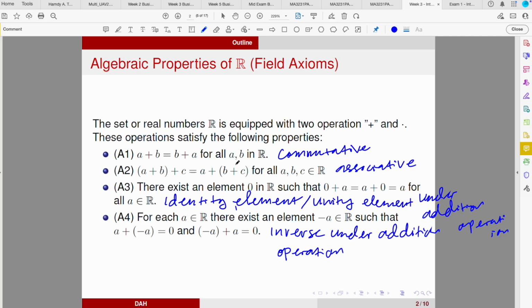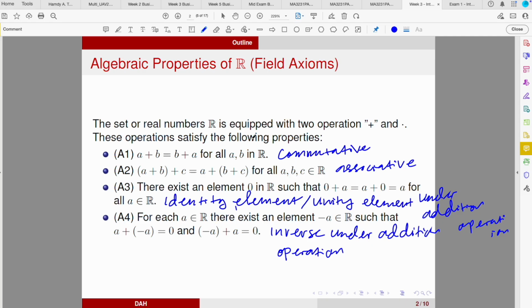Yes, it's obvious, but of course it's not always true for a different set. For example, in linear algebra later, you will see that 0 is not always the identity element. If we talk about the set of matrices, you need to find the identity.